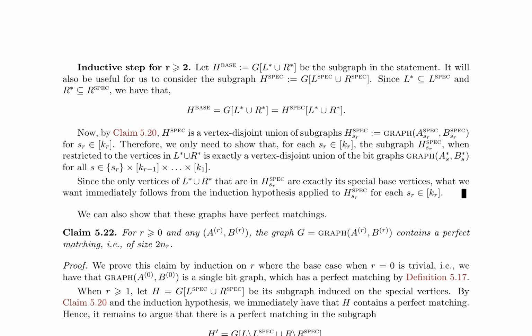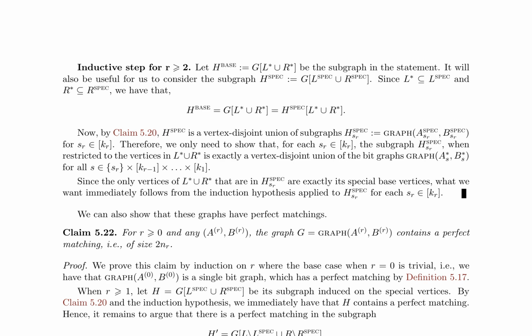The inductive step for $R \geq 2$ is presented, focusing on the subgraph $H_{base} = G[L \cup R]$ and the subgraph $H_{spec} = G[L_{spec} \cup R_{spec}]$, where $L \subset L_{spec}$ and $R \subset R_{spec}$.